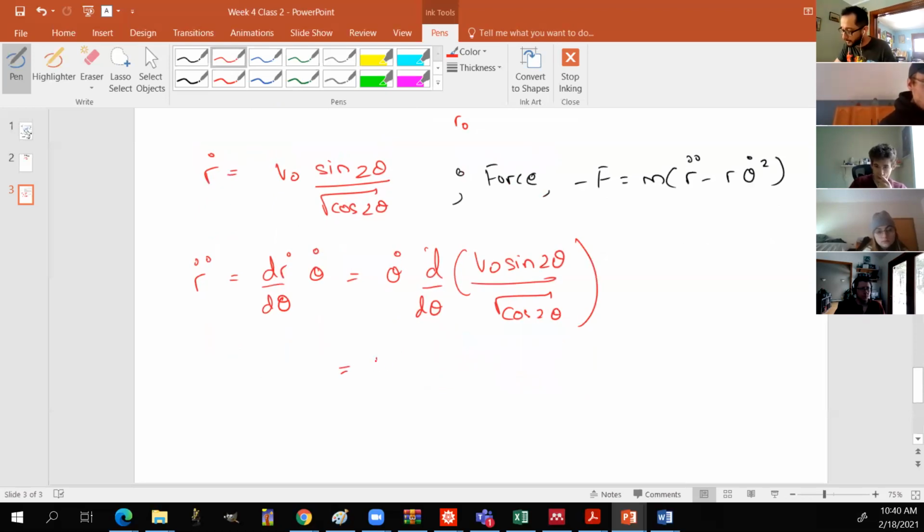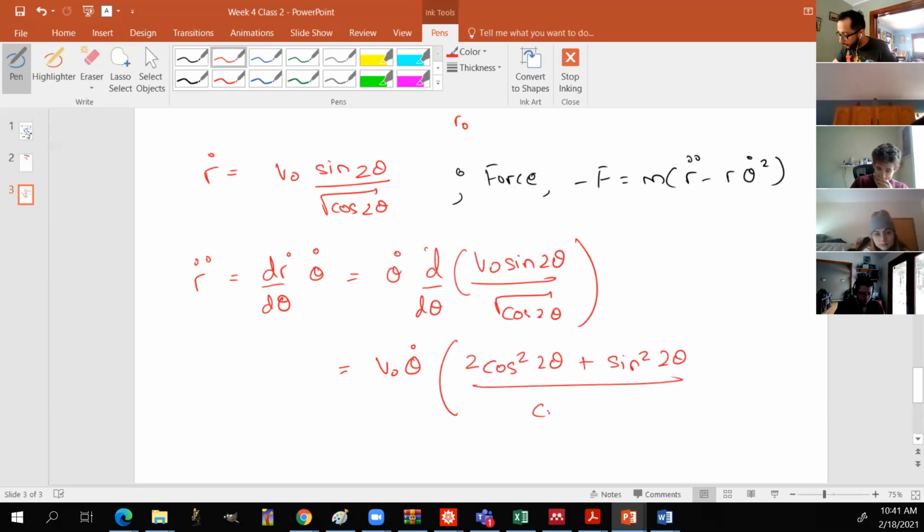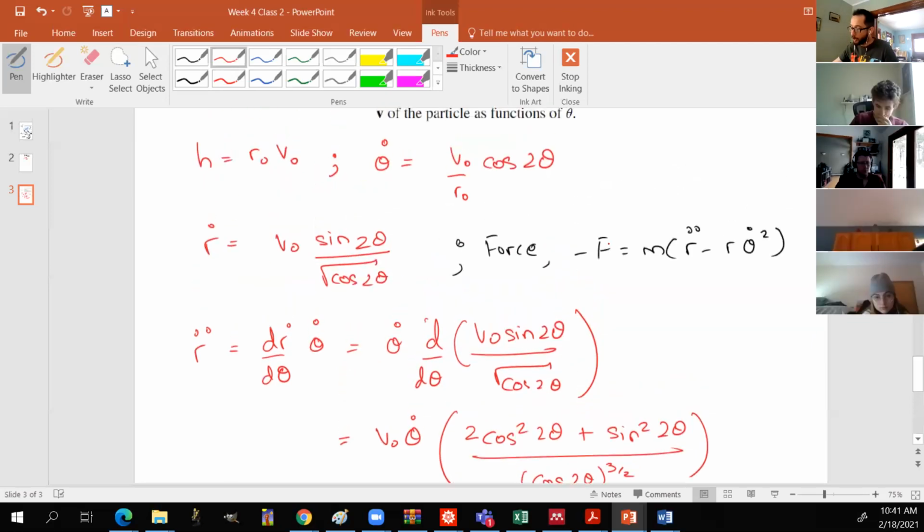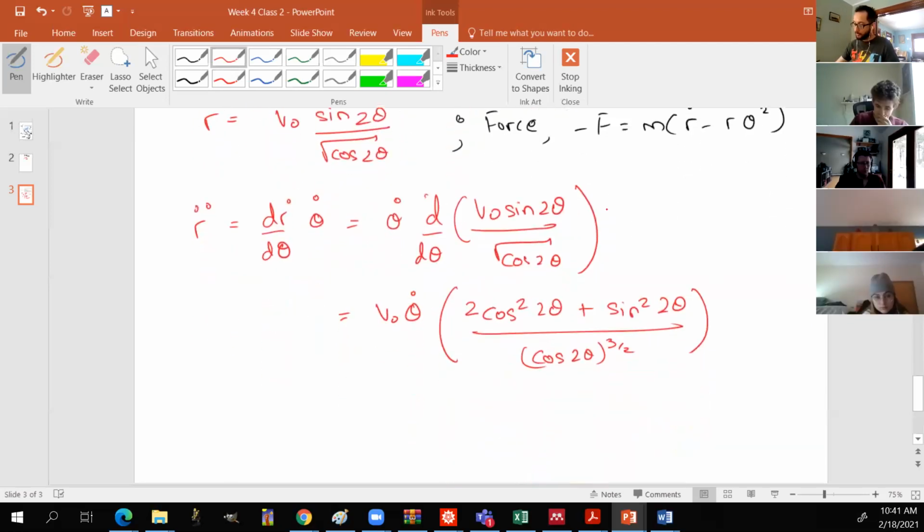So the V naught comes out, it's a constant, V naught, theta dot, and you end up with the differential of this big mess inside, which is 2 cosine squared 2 theta plus sine squared 2 theta divided by cosine 2 theta to the power of 3/2. We plug in what we know for theta dot from up here, and you end up with the expression for r double dot.